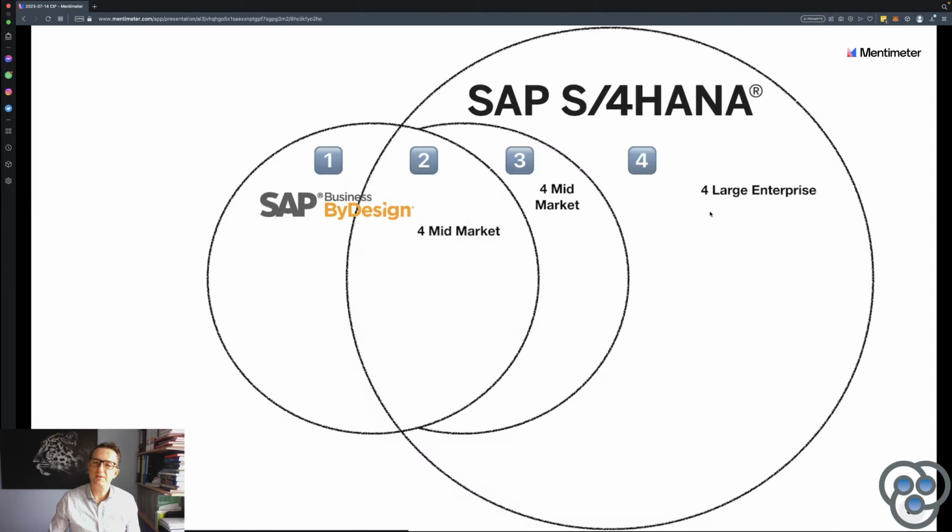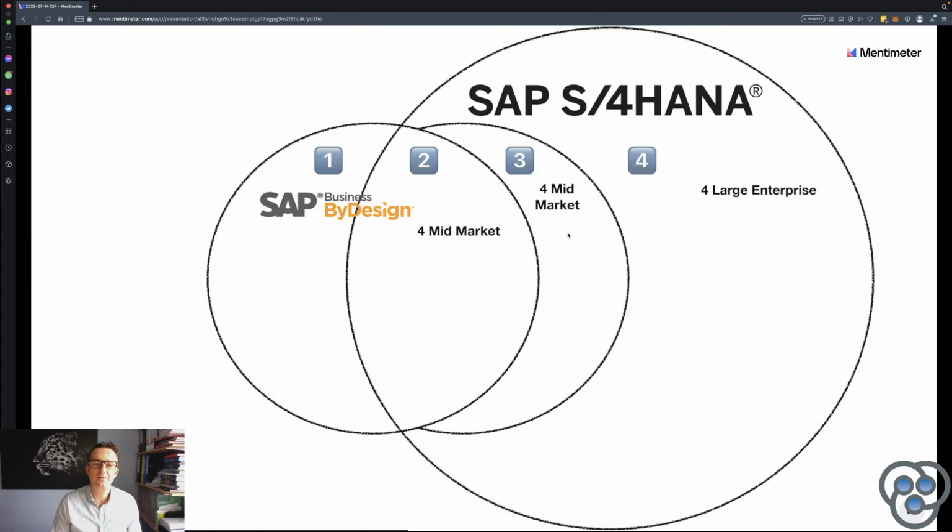But what about subset 3? There are some functionalities in SAP S/4HANA Cloud which are also very important for the mid-market, for example, deep configurability of products. Some mid-market companies need deep configurability of products, integrated in all these processes.